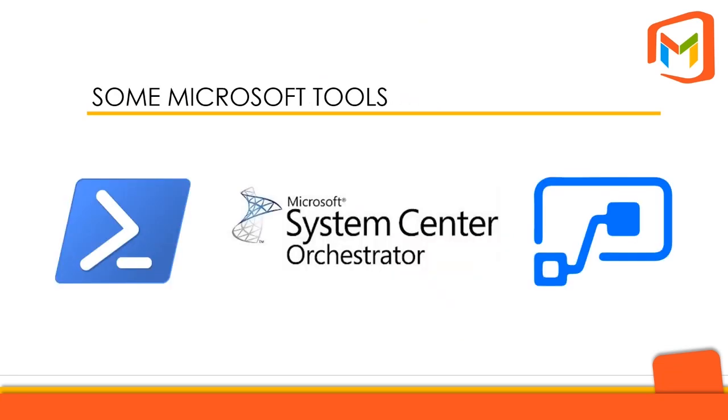So now let's talk about some Microsoft tools that you might already use in order to automate some tasks on your on-premises environment or in the cloud. This is a non-exhaustive list of tools, but the first one on the left is PowerShell.